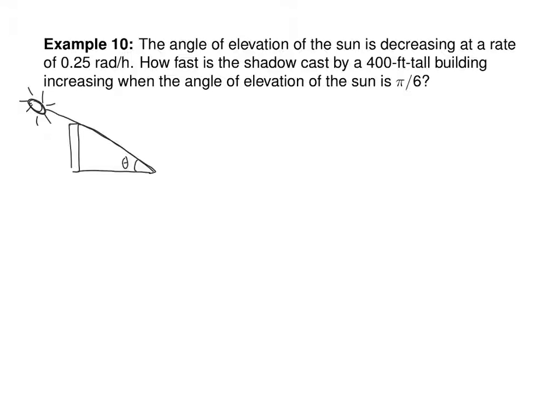Which sides in this triangle are constant? And is that the vertical or horizontal side? Vertical. And the horizontal side is the shadow, right? Call it x. Okay, so what are you given? d theta/dt.